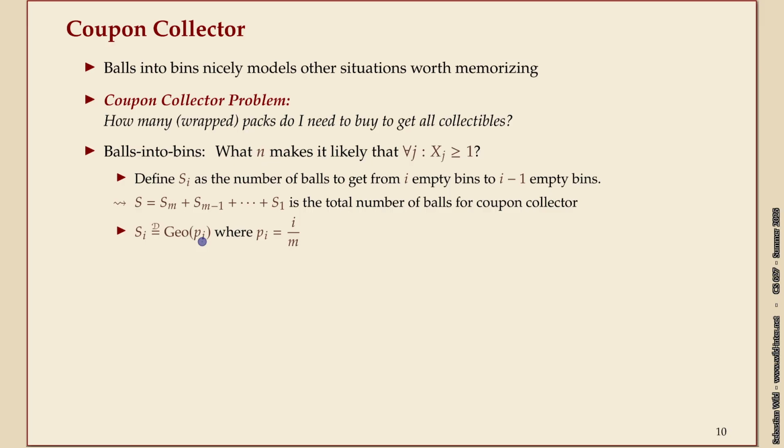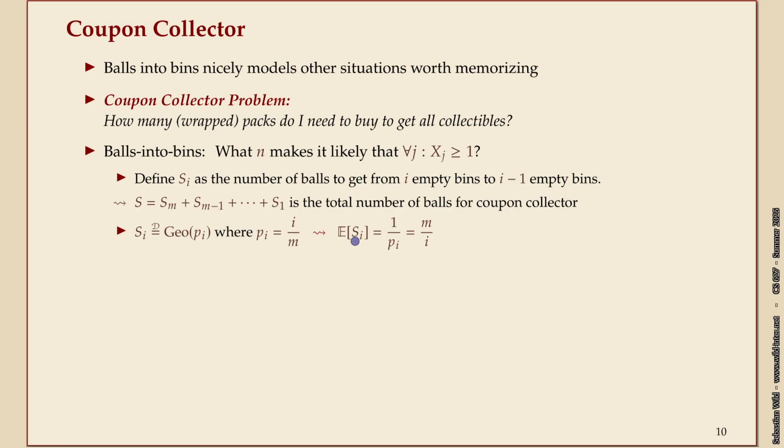Each of these is a geometric random variable because you're essentially flipping a coin. You have the occupied bins, that's one option that the outcome can be, and you have the others. So you're flipping a coin until you for the first time see the outcome hit one of the empty bins. The p_i are different, right? It gets less and less likely to hit a free bin.